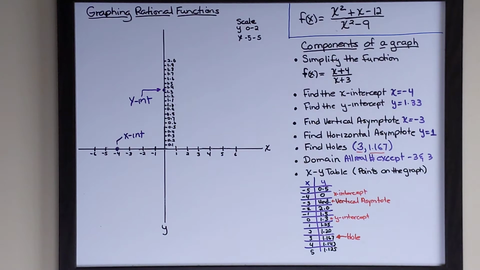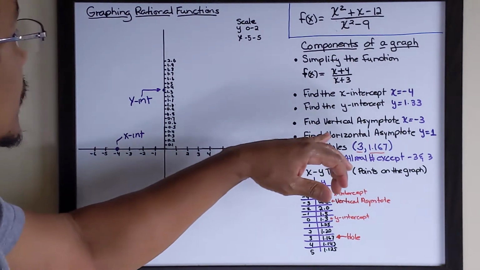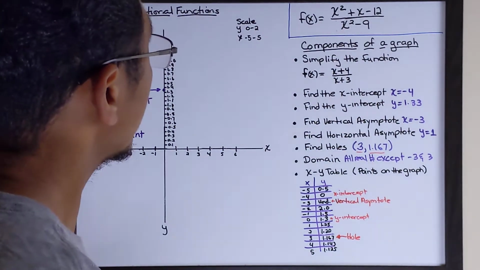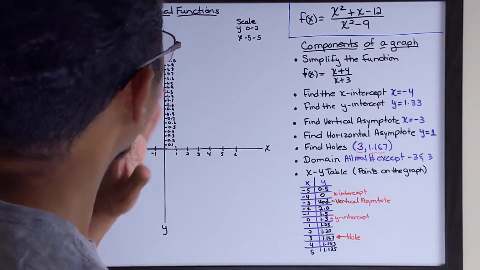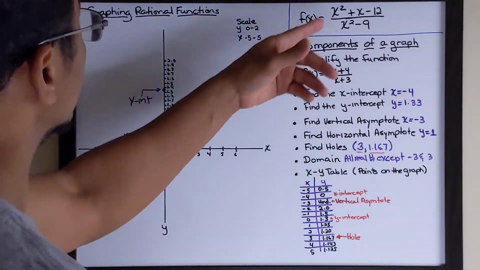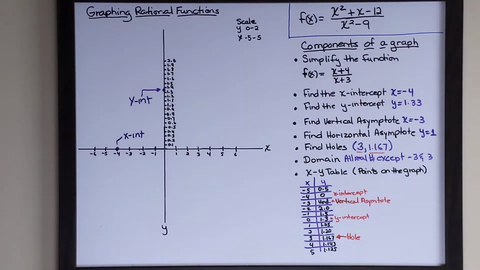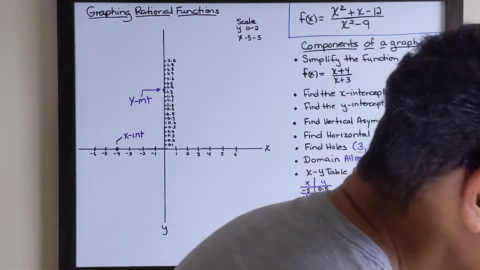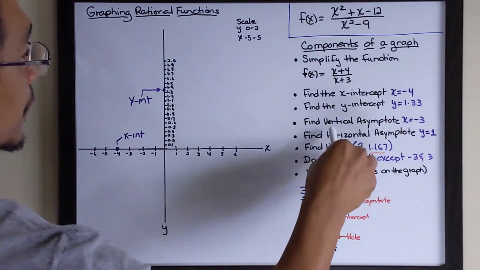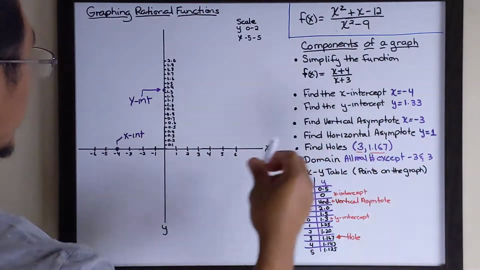Okay, so the next thing is the vertical and horizontal asymptotes. And remember, asymptotes are undefined lines on your graph that your function itself will never touch. So let's go ahead and draw those, and we'll draw those in red. The vertical asymptote is x equals -3, so it's right here.